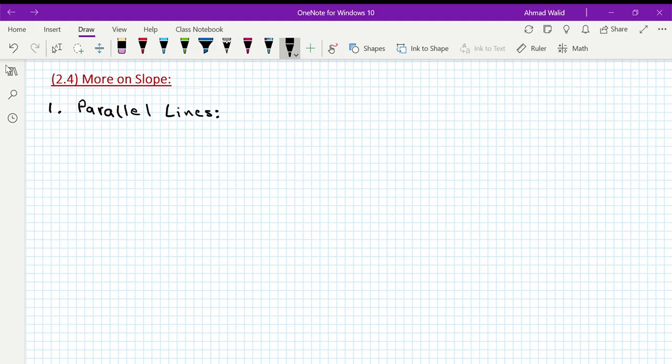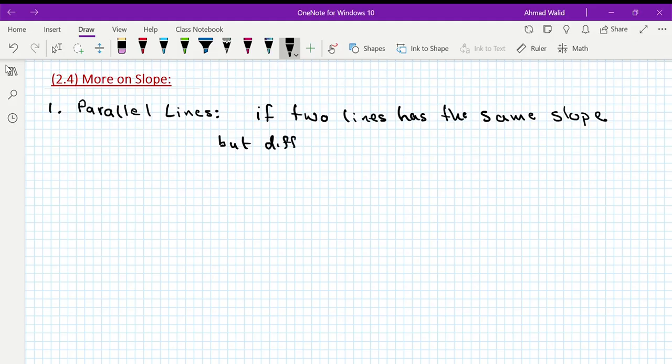What are parallel lines? If two lines have the same slope but different y-intercept, right?